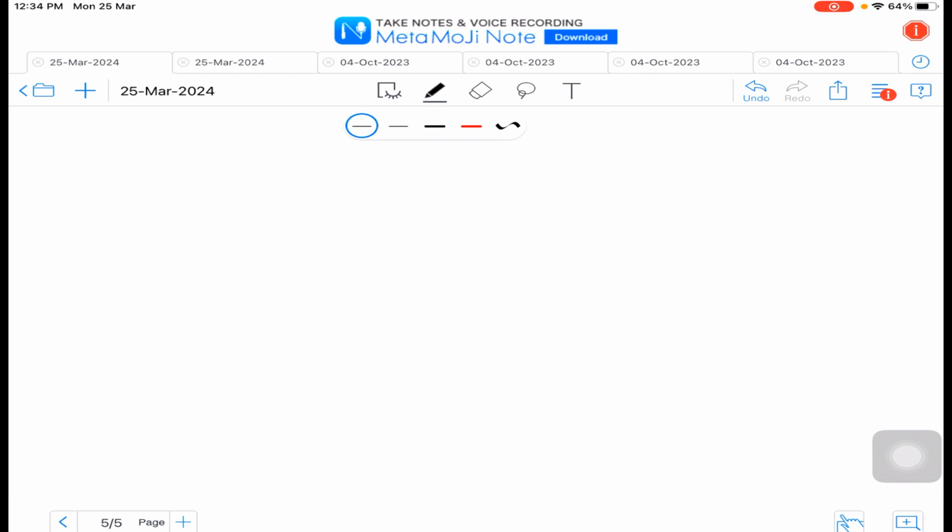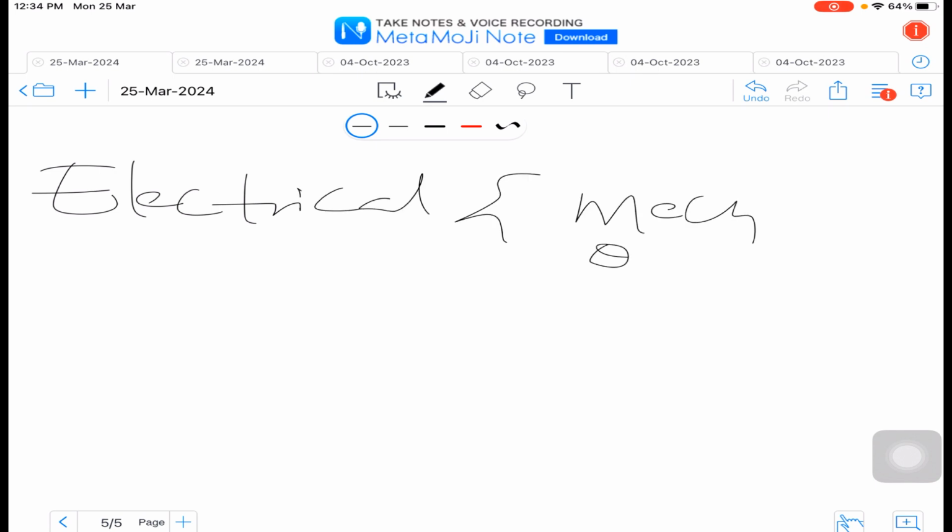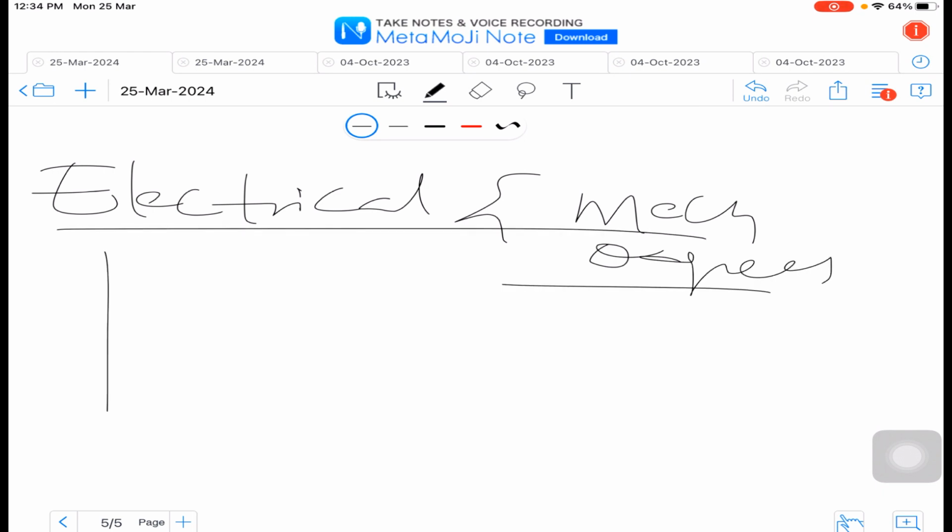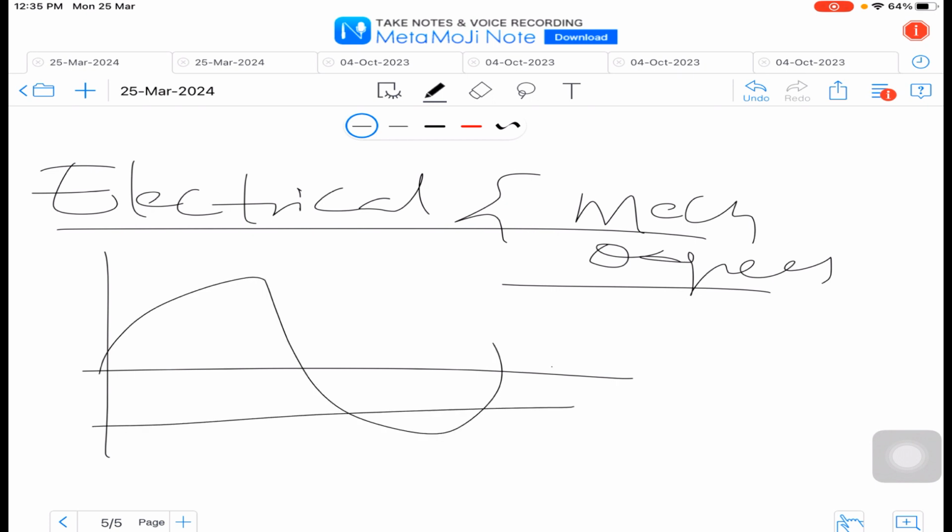Now we can understand the relation between electrical and mechanical degrees. Let us consider this: 360 degrees, or one revolution.